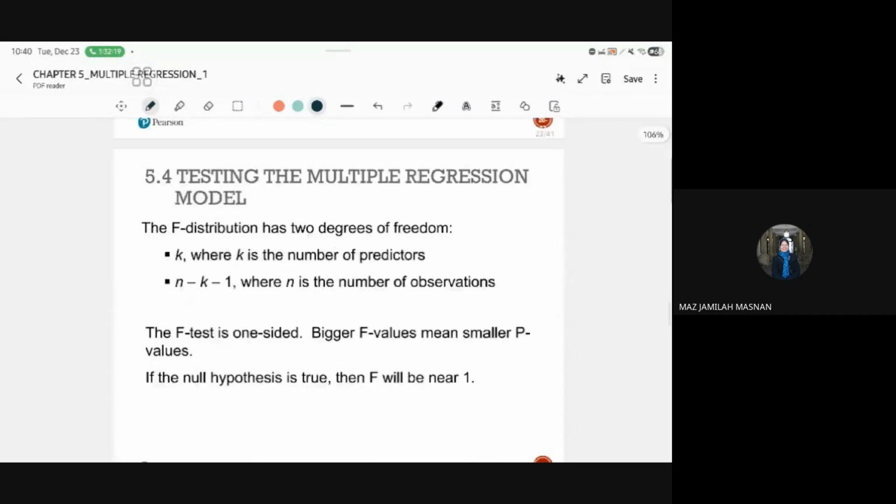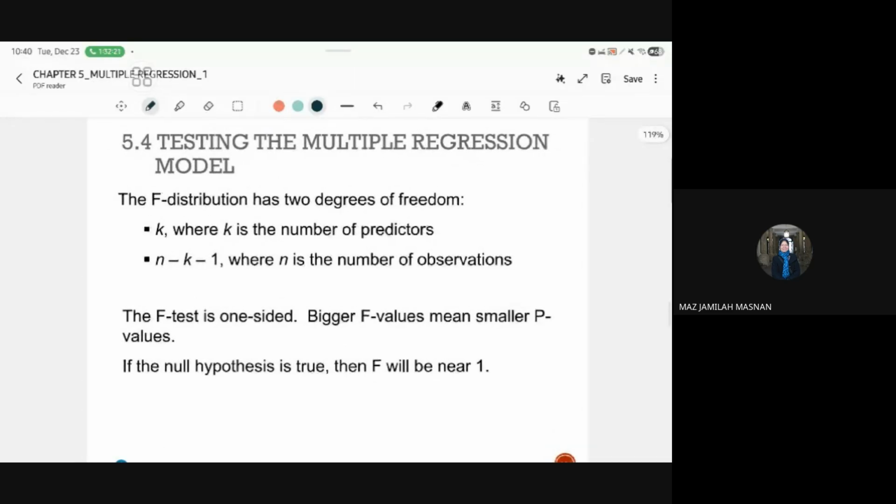Now, the F distribution has two parameters. The first parameter is K, where K is the number of predictors, your IV, and the degree of freedom is N minus K minus 1, where N is the number of observations.